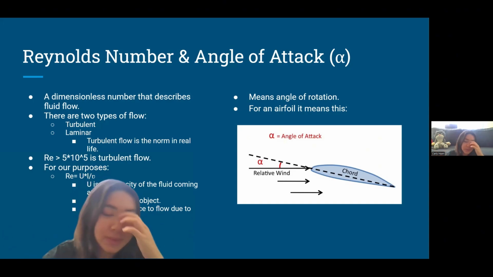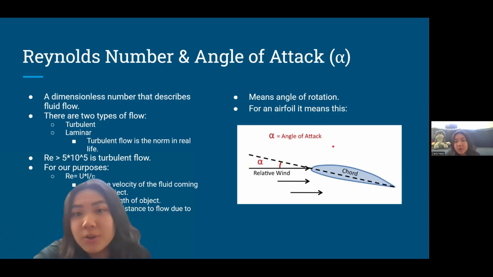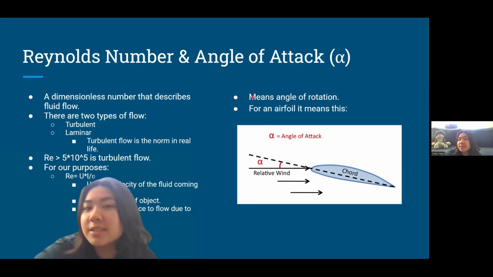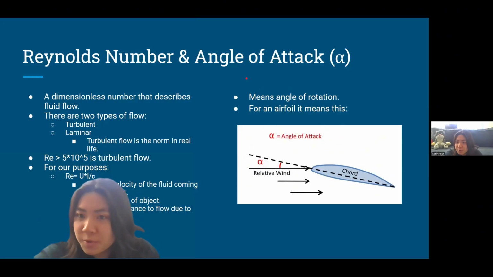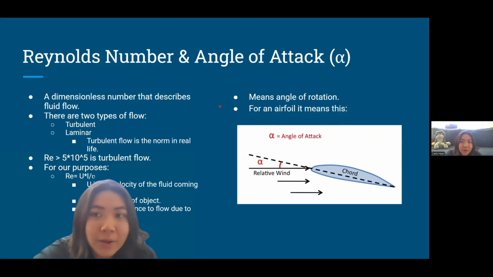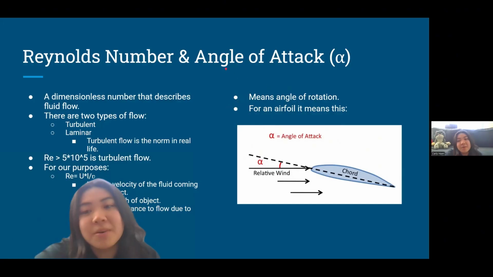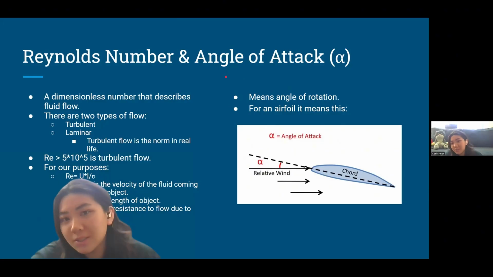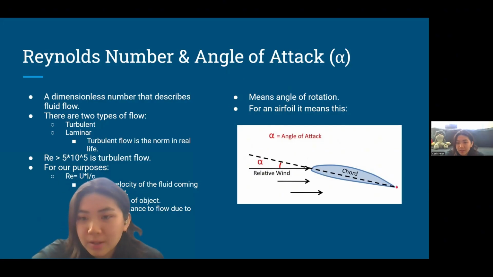Don't panic. The next term we need to know is the angle of attack. I know, Ray has said this word a lot. It sounds really cool. I said it's the angle of rotation, but now I'm going to correct myself: it's not technically the angle of rotation. This is your airfoil, and this is your center line, known as the chord line.